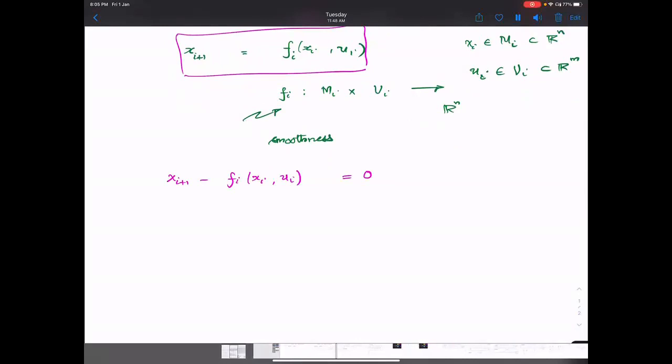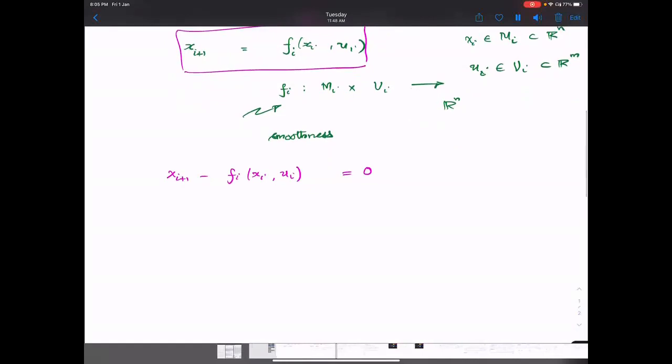If I were to look at this equality, I can look at it as a level set in R^n cross R^n cross R^m.